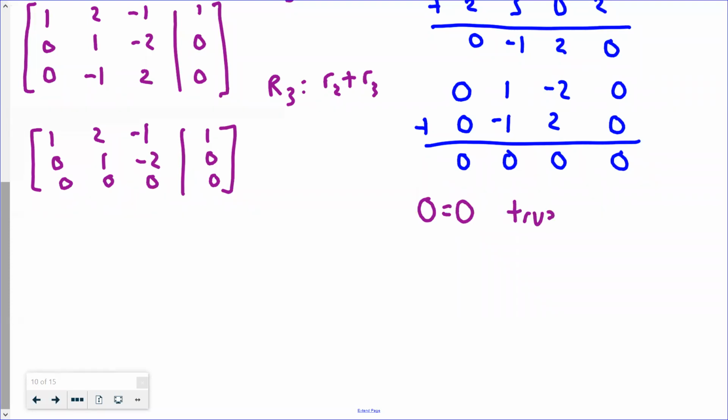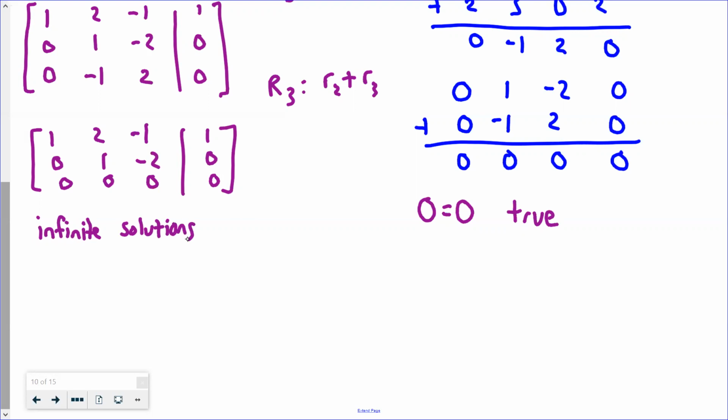Now, when you were working in 6.1 and 6.2, if you were solving and it kind of canceled out but gave you a false statement, then it meant there's no solution. But if you're solving and it cancels out but it gives you a true statement, this means there are infinite solutions. So it all depends on if it cancels to a true or a false statement.